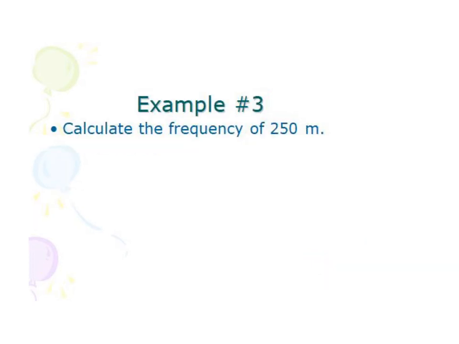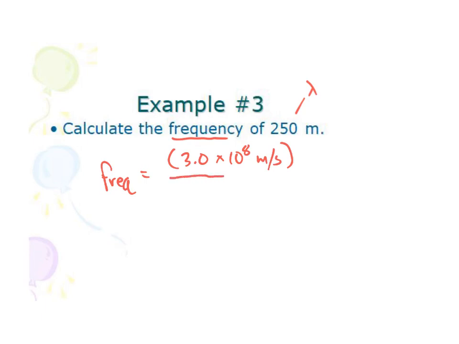It says calculate the frequency of 250 meters. So this is my wavelength. So I'm looking for frequency. So once again, frequency is equal to 3.0 times 10 to the 8th meters per second. It's always on the top.